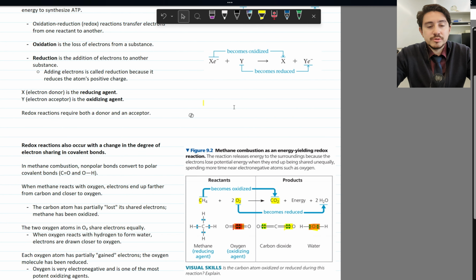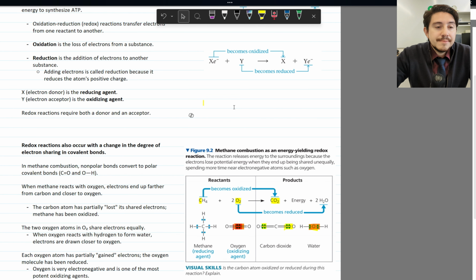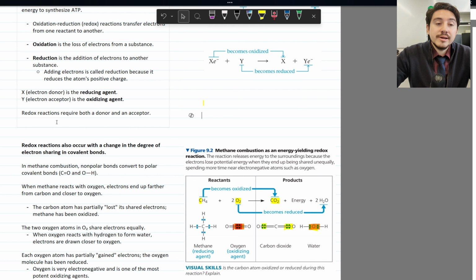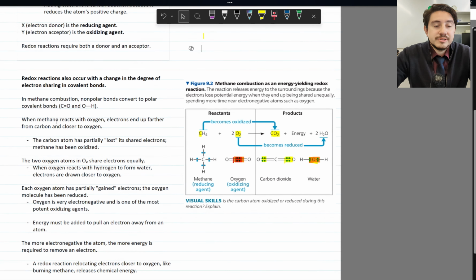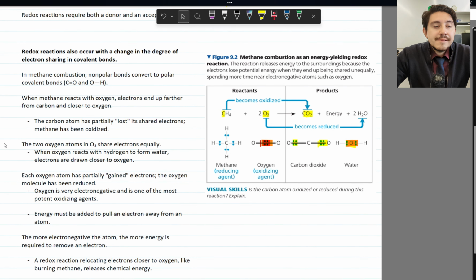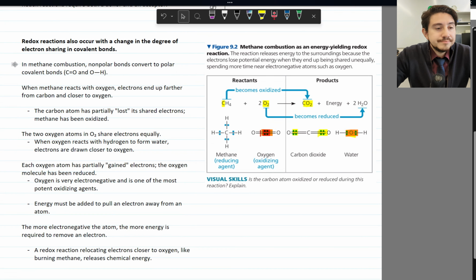And we're going to see this in multiple instances during the whole cellular respiration process. And in redox reactions, you always require a donor and an acceptor. Somewhere, some other substance must receive the electron. So you're undergoing this constantly in biological systems in particular. Let me just zoom in now.